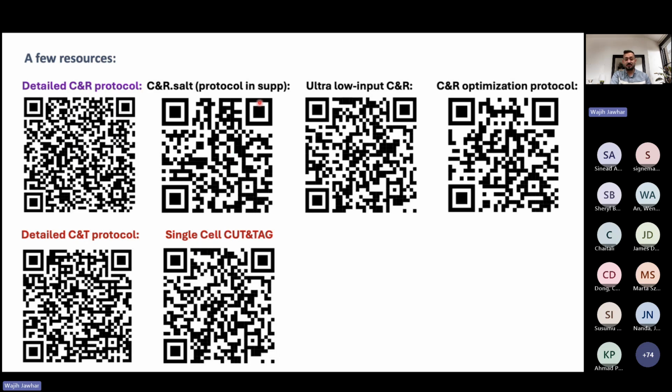So you can do salting out experiments from your CUT&RUN-based protocol. Also ultra low input CUT&RUN, which can be used for profiling embryos or ultra rare cell populations, in addition to more optimizations that can be performed depending on the assay or experiment of interest.